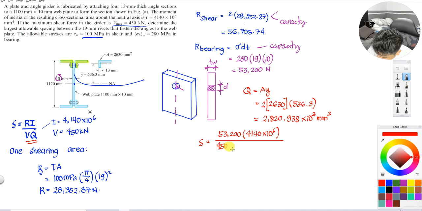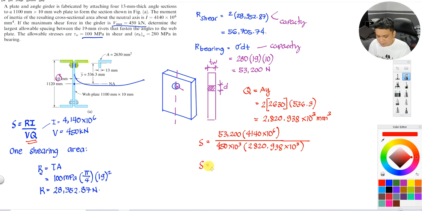Again, in kilonewton siya, so times 10 to the 3 natin para maging newton. And then, we will be having the Q, 2820.938 times 10 to the 3. So, this is now the required spacing for this assembly.